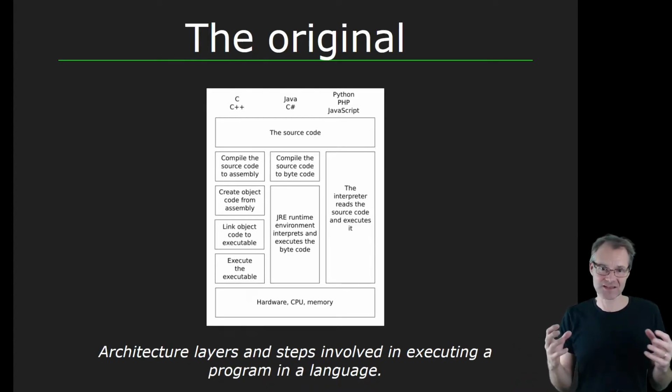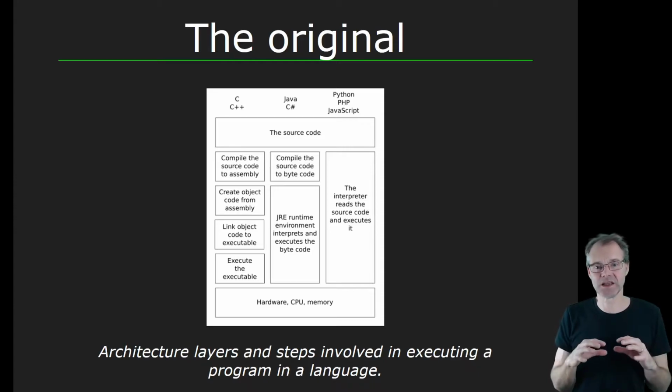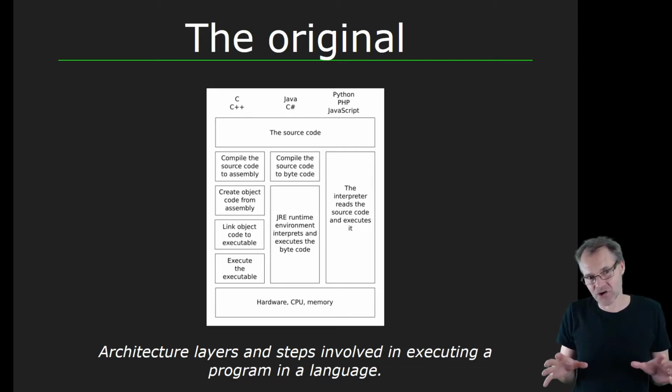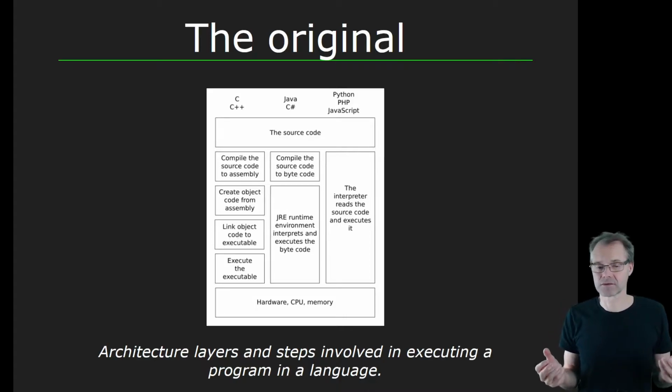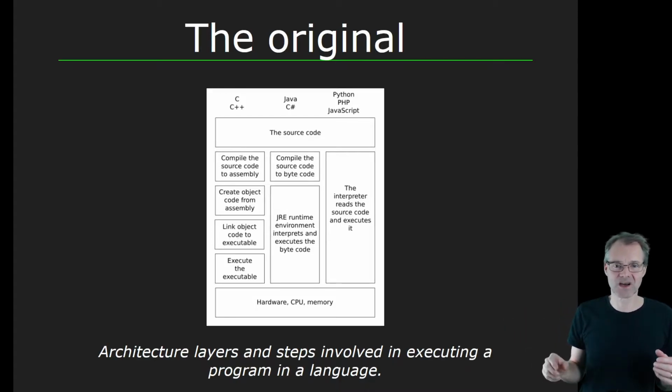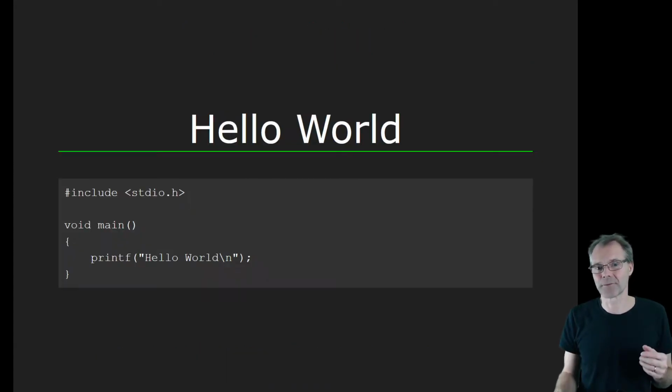Okay, so these are the differences between different programming languages and what kind of architecture they have, and there are pros and cons with these different layouts. So it might be good to have this image in the back of our mind when we compare the different languages.